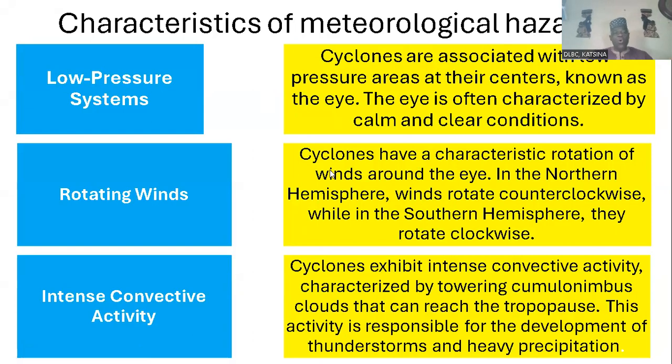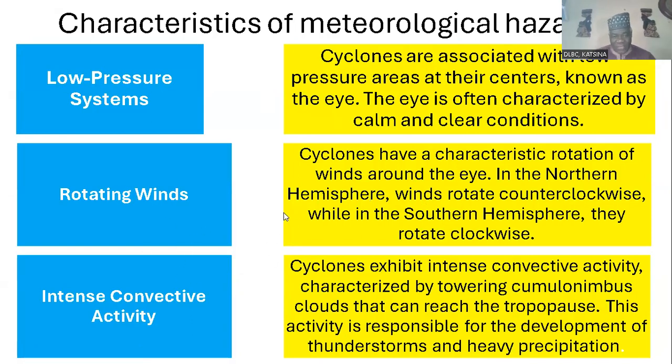One, they have low pressure systems. Cyclones are associated with low pressure systems. The slides are there so you can easily see it. Low pressure areas are their centers known as the eye. The eye is often characterized by calm and clear conditions.